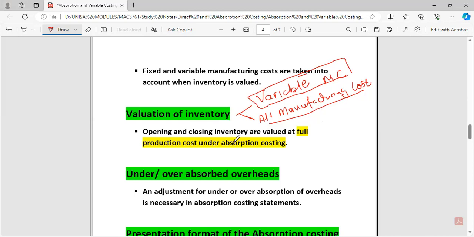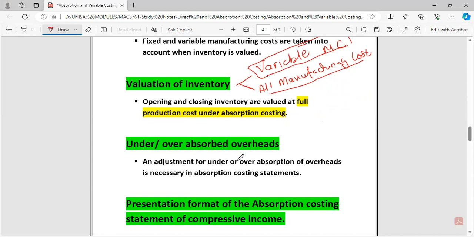Then there is also the under or over absorbed overhead. We only meet it when we are using absorption costing. That's when we have over or under absorption.